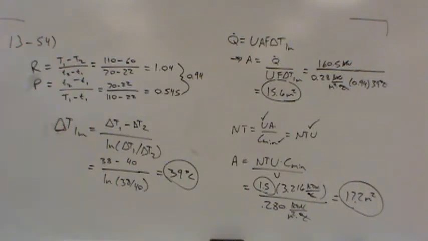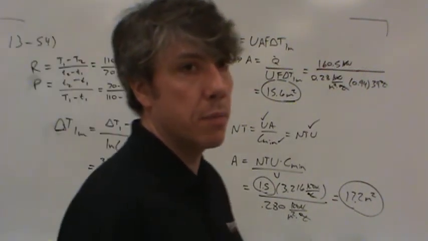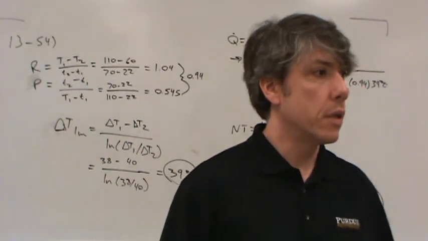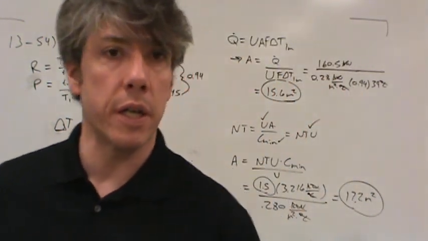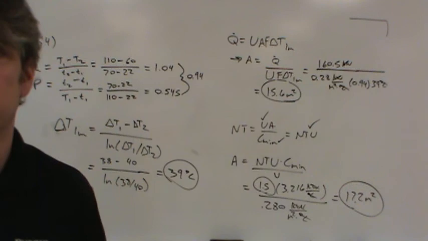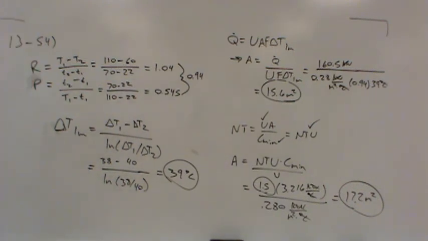The other note I want you to write is on page 729. That table is for predicting the exit temperatures of a heat exchanger. These two tables use the same method, but they're inverses of one another. Okay? Any questions?